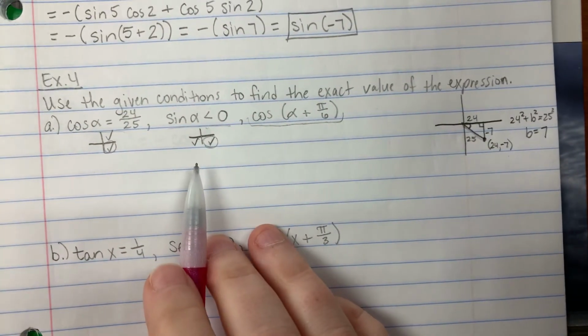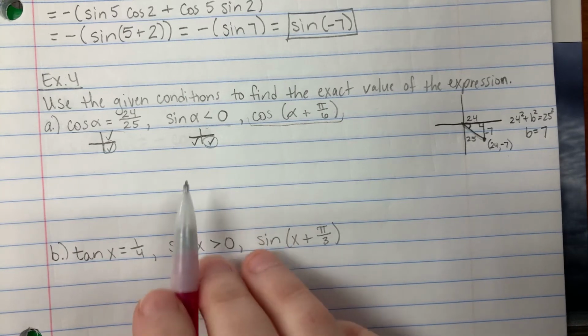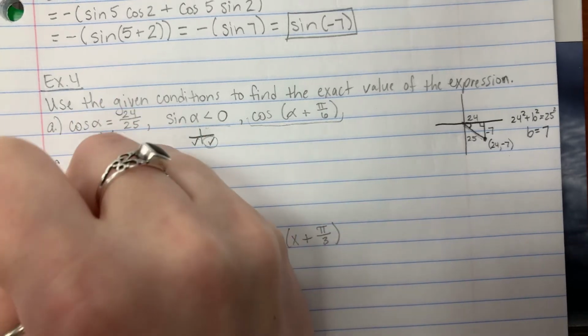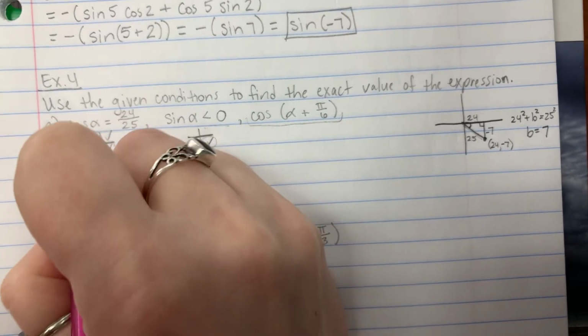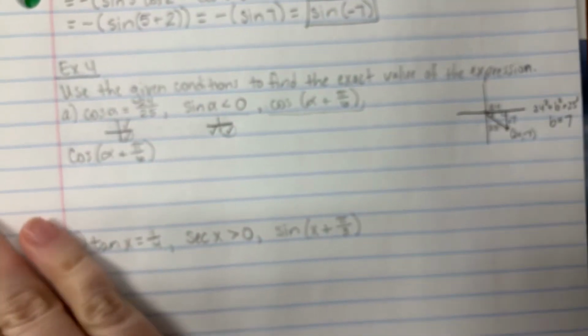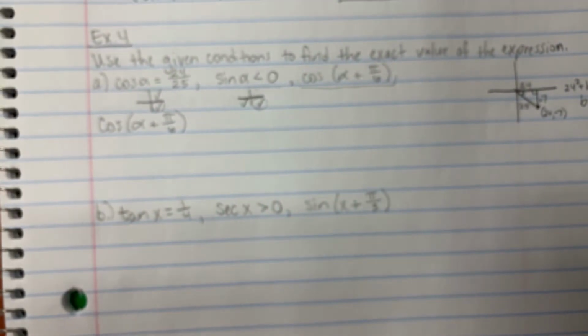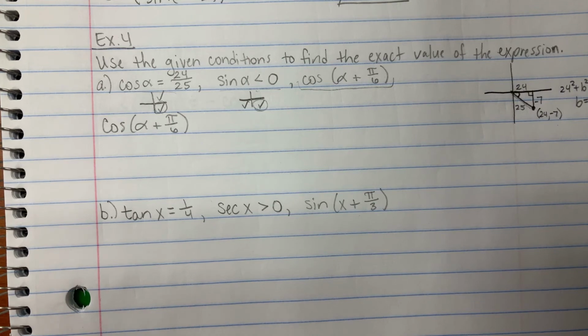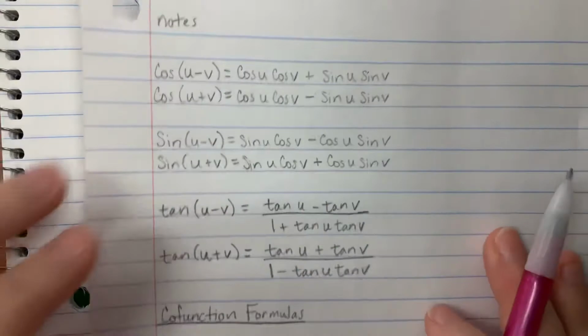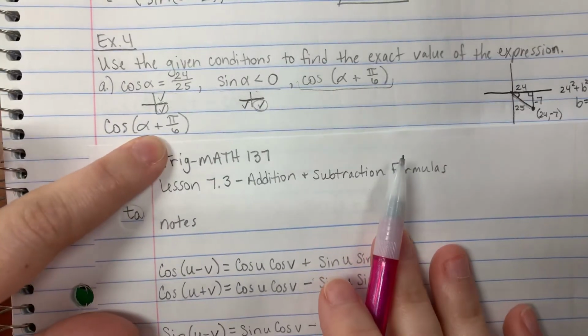Okay, so then I need to figure out the value of cosine of alpha plus pi over 6. I'm just going to rewrite it here. Well, let's use my rules here. Go back to my rules over here, cosine, and I'm doing addition right here.